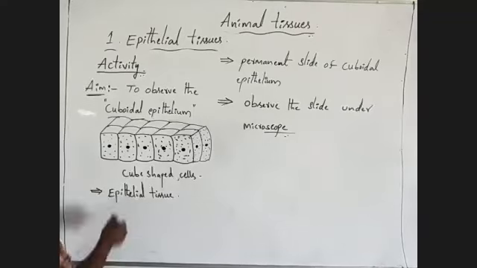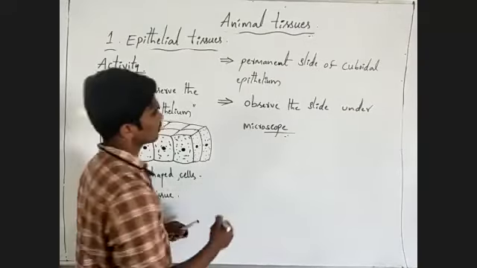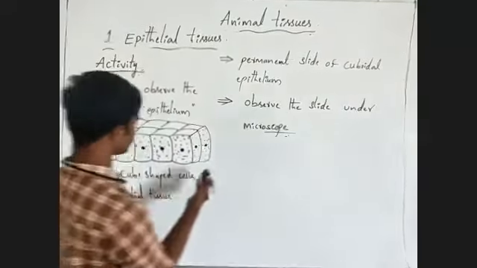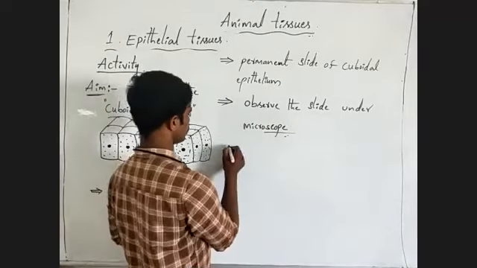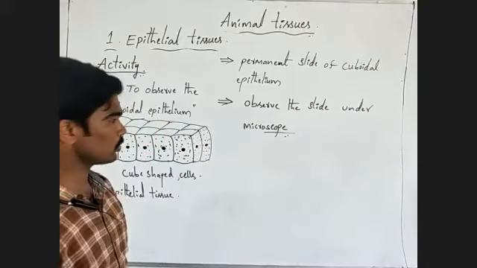When we observe the slide under the microscope, you can observe this type of structure. This is one type of epithelial tissue.